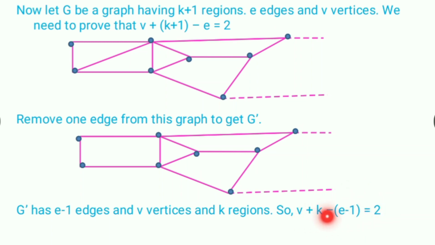If I open this bracket, this will become V plus K minus E plus 1. If I combine K with plus 1, it will become V plus K plus 1 minus E equal to 2. This is what we had to prove. We have proved this. Hence Euler's formula is proved.